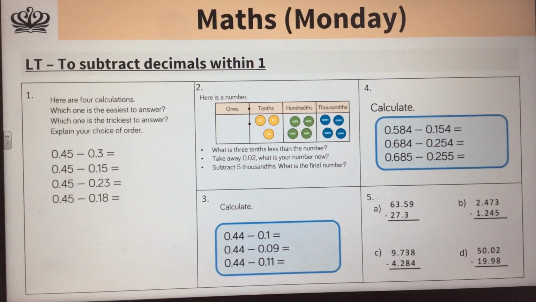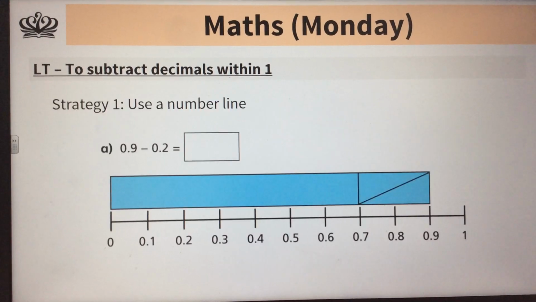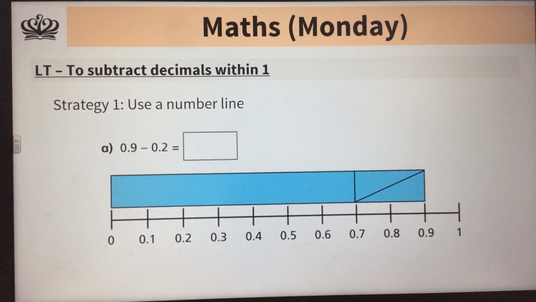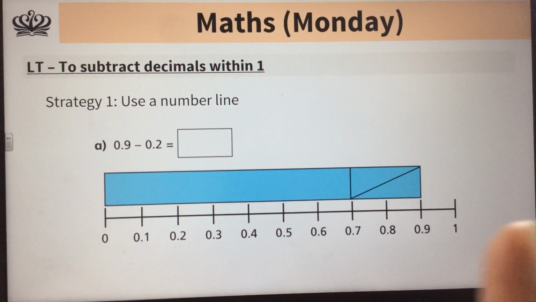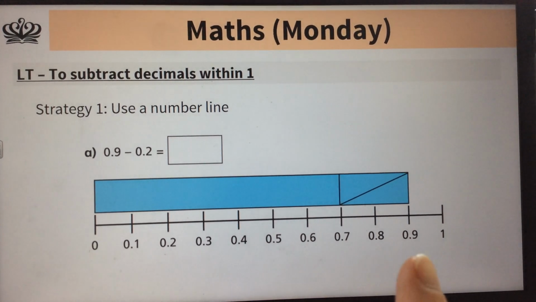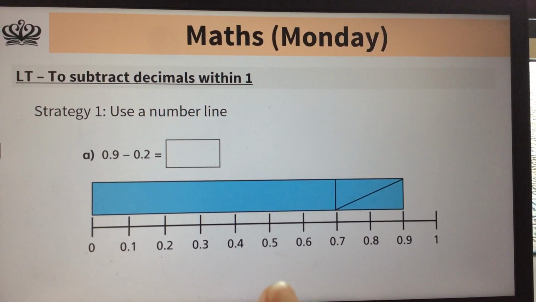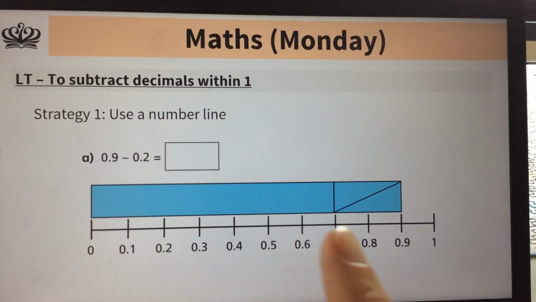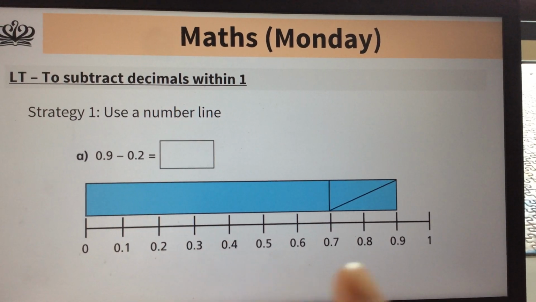Let's just have a quick recap of those strategies that you might be using today. Okay, so to start off with, we've got that number line. Some of you might have found that really useful. Here we've got a number line from 0 to 1 labelled up with all of the different intervals in tenths. 0.9 is what we're starting from, and we're taking away 0.2, we're taking away 2 tenths.